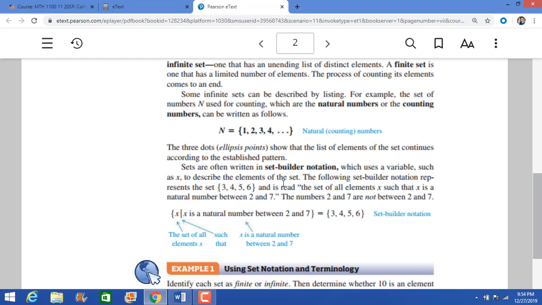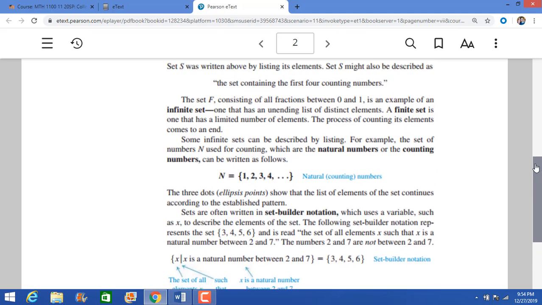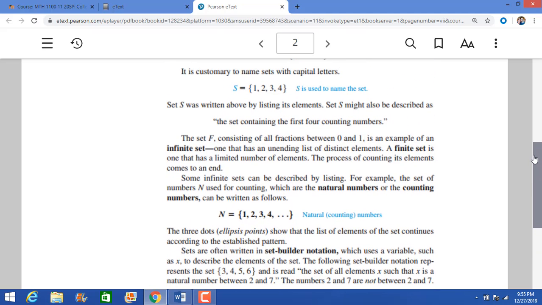So now, let's go back. Now what we're saying is the set S, written this way, we can use S to represent that set. So set S might also be described as the set containing the first 4 counting numbers. Now, there are other ways of describing a set too.